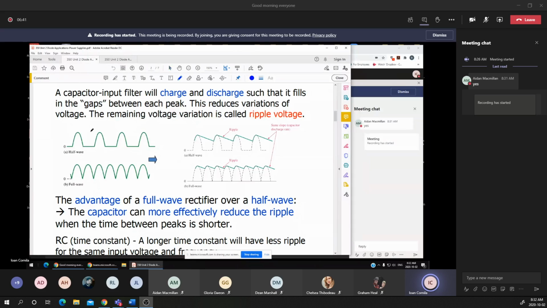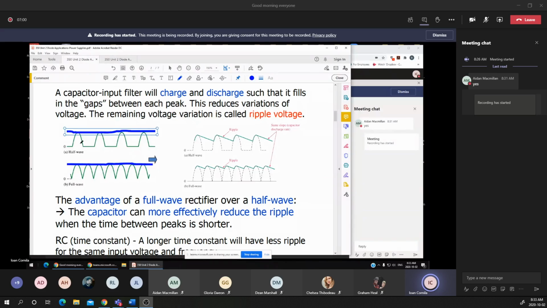Our goal is actually to have a DC output voltage, for a single half-wave rectifier or a full-wave rectifier. And this is what we want to accomplish.